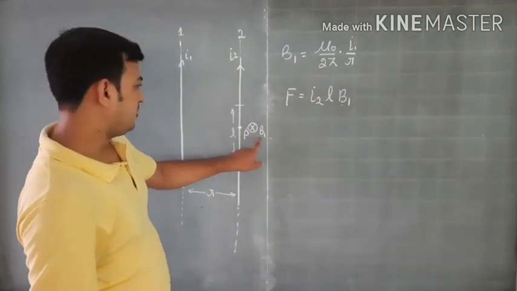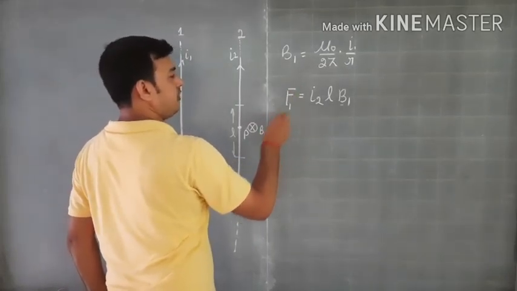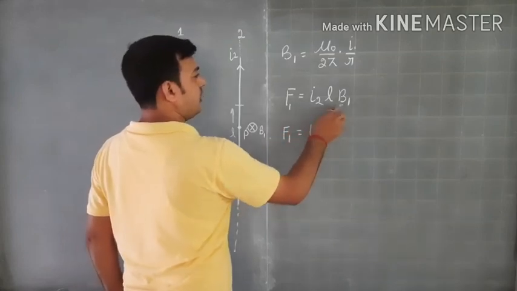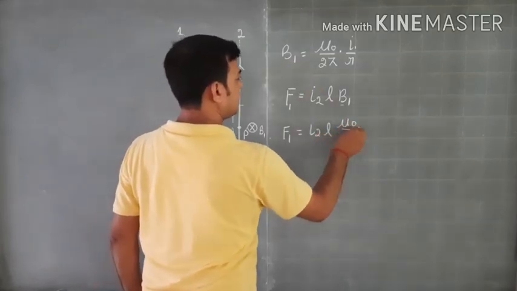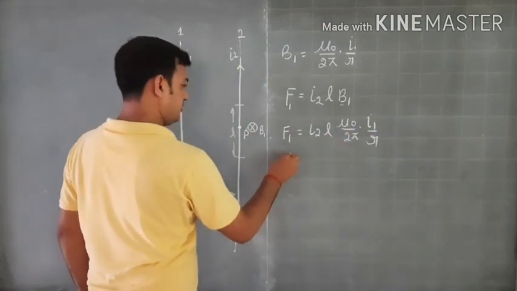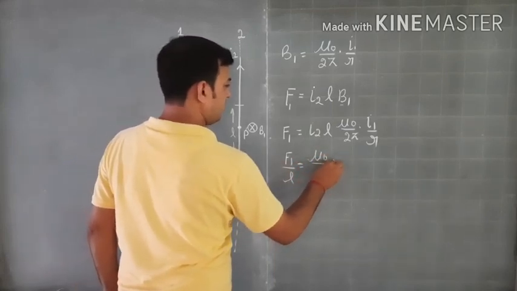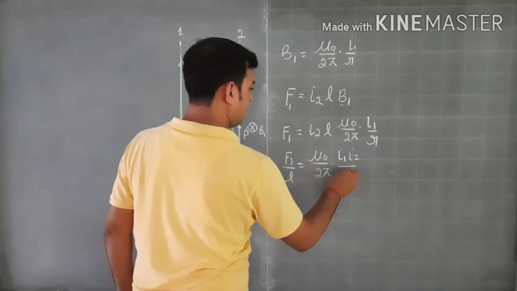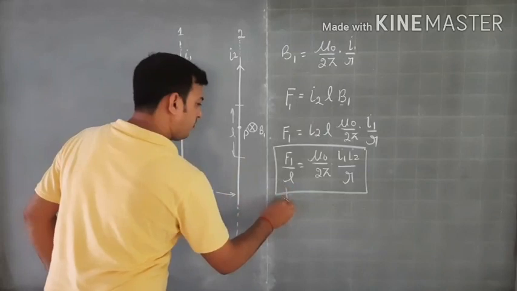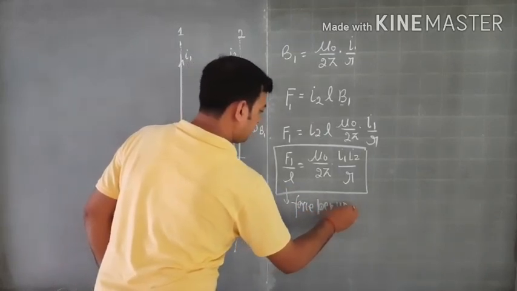So the wire is placed in this magnetic field B1, and let me call this force F1. So this F1 is going to be I2 L. We have the value of B1 as above, and if I simplify this, I can write it as mu naught by 2 pi, I1 I2 by R. So this is the force per unit length.